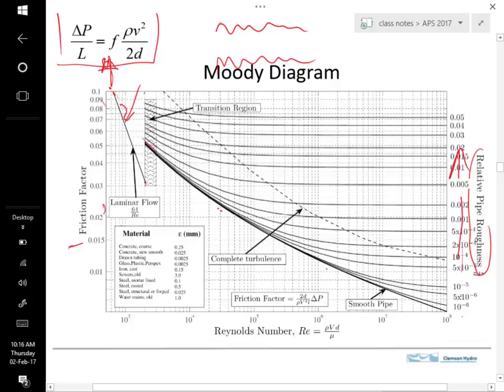Okay, and that gives us f as inversely proportional to the flow. So down here in this regime, f is inversely proportional to the flow, and the head drop is then proportional to just the flow to the first power. Okay, that's what we saw in the previous slide.